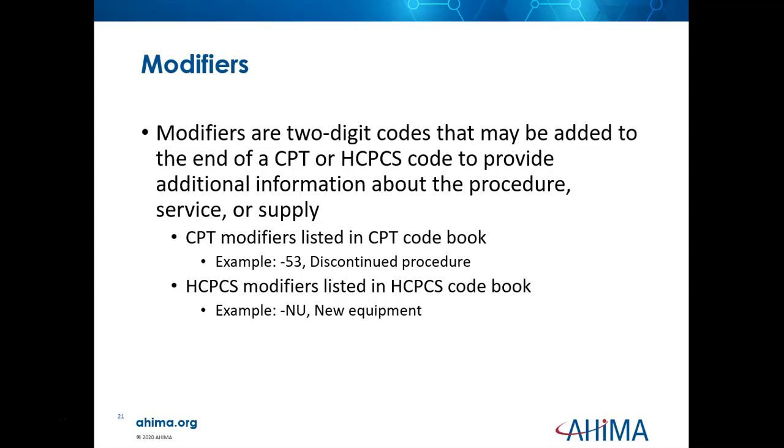See here on the slide, modifier 53 indicates a discontinued procedure. The provider had to stop the procedure for whatever reason. Perhaps there was an anesthesia reaction or something happened. They had to stop that procedure. Lots of CPT modifiers. We'll go over those within the chapter for CPT that identify lots of different things.